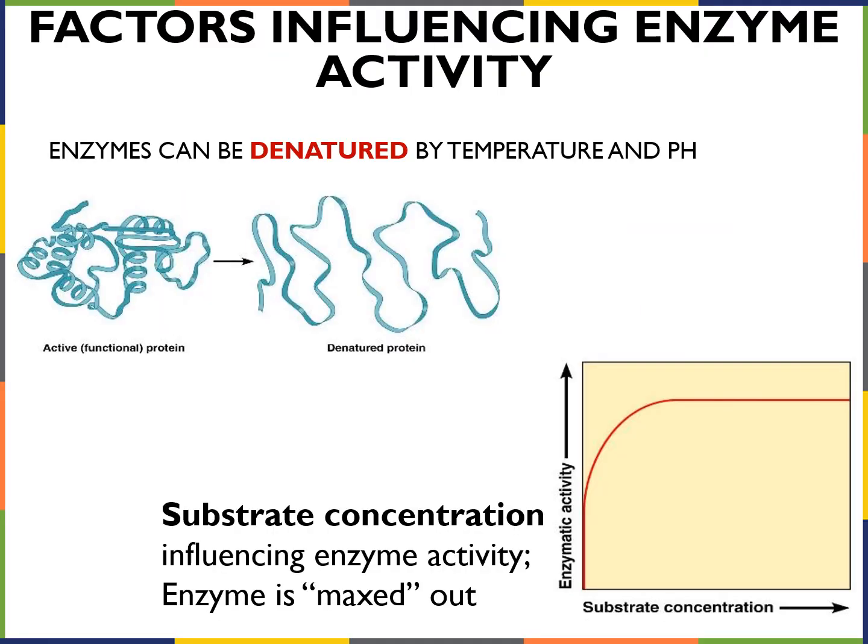Okay, sorry about that. So like I was saying, these enzymes are nothing more than proteins. And these proteins are nothing more than chains of amino acids. Now, a typical protein, the active functional protein, has some alpha helixes in there, and a miniature beta pleated sheet.